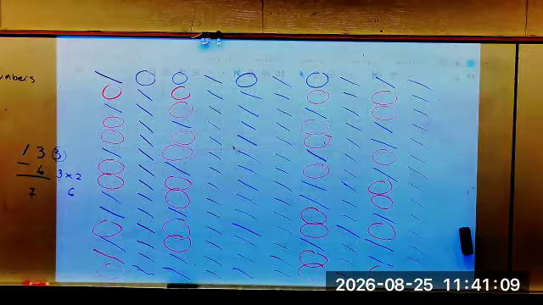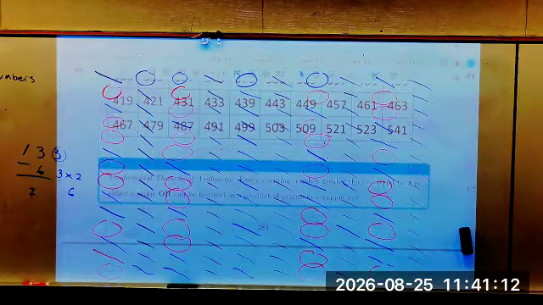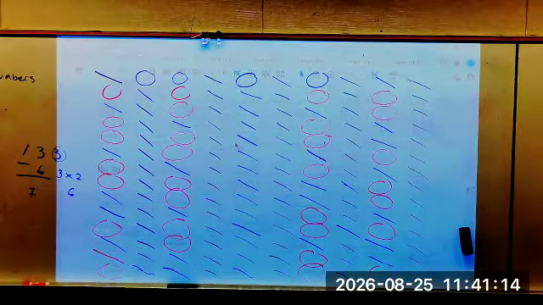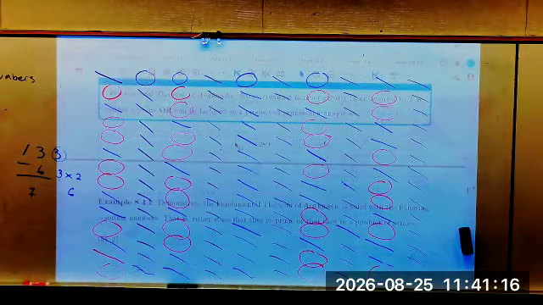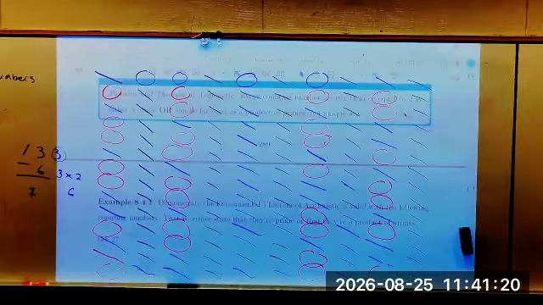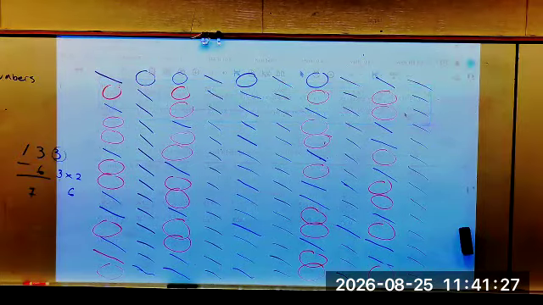We talked about it. The fundamental theorem of arithmetic states every counting number greater than or equal to 2 is either prime or can be factored into a product of primes in a unique way. So in other words, it's either prime or composite.